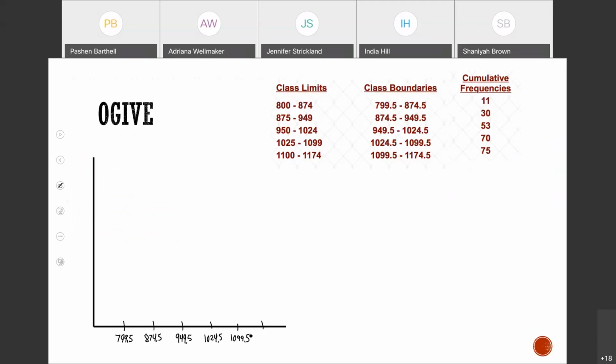Okay, you want to label there, just like before. We don't want to use class boundaries because it is not descriptive enough. So we're going to say SAT scores. That's what our data is.